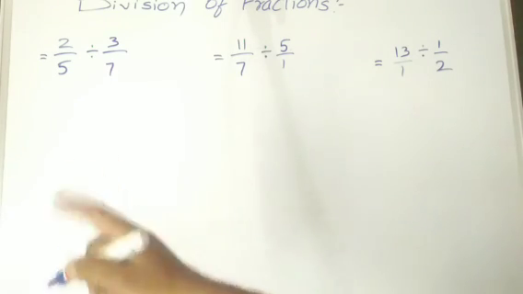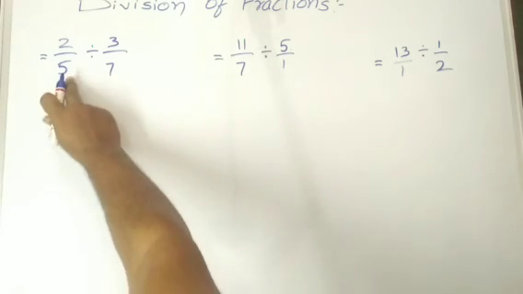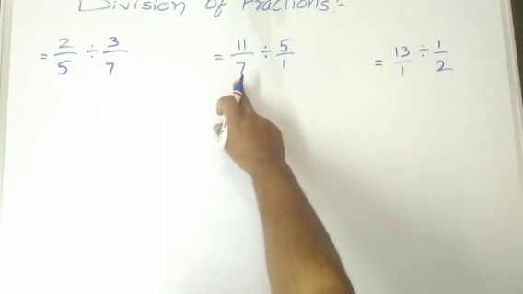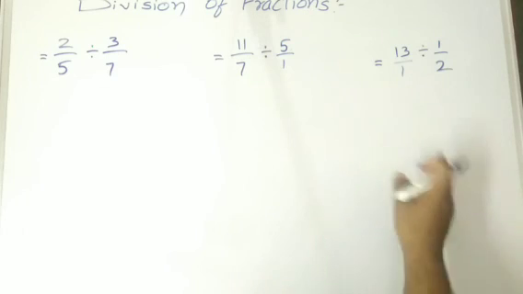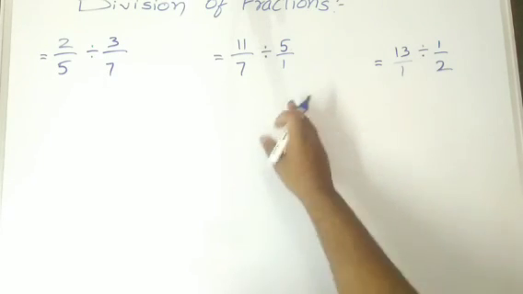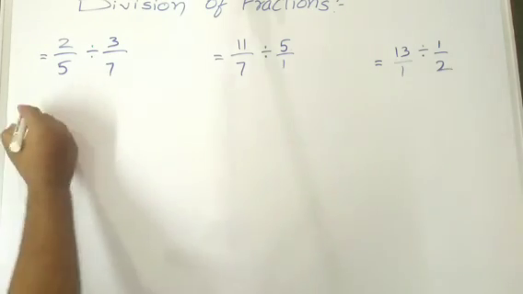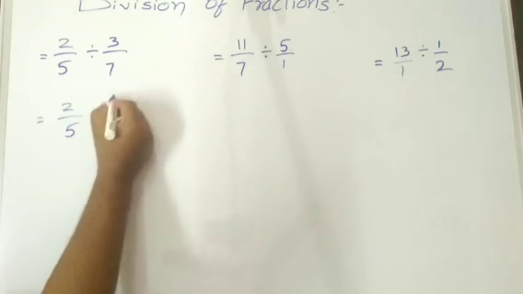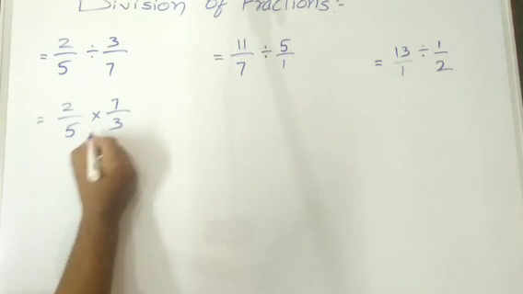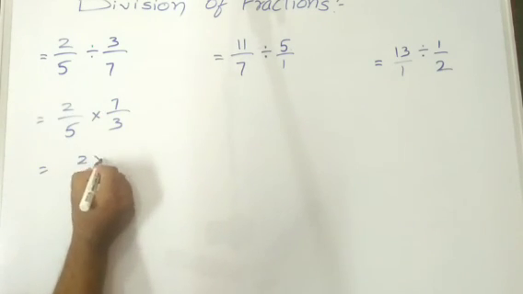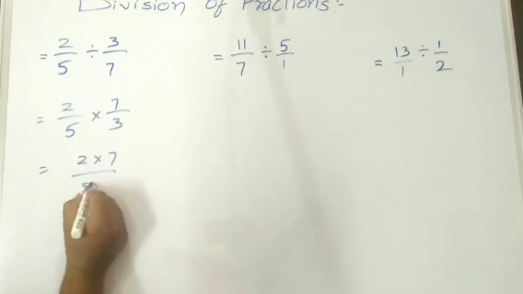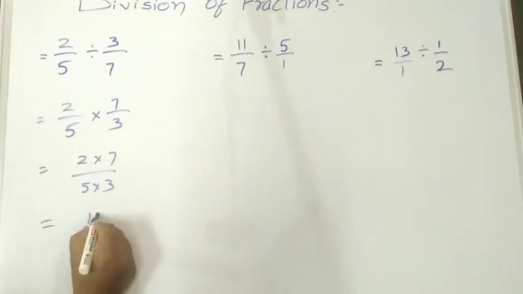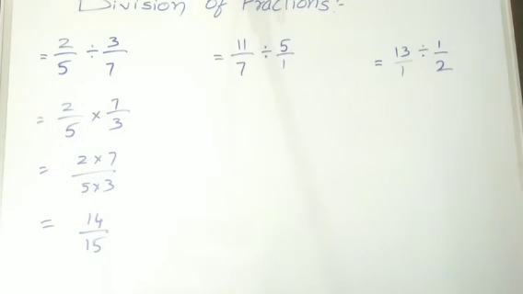For the same three principles I taken here three examples. You can observe. See here, the first two fractions I am doing a division. Here the one fraction by the one integer. Here an integer by the fraction. So here see, very easy. 2 by 5. Division means into, and reciprocal 7 by 3. So now 2 7s are 14 and 5 3s are 15. So answer is 14 by 15.